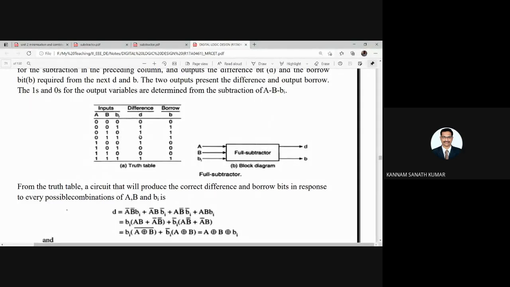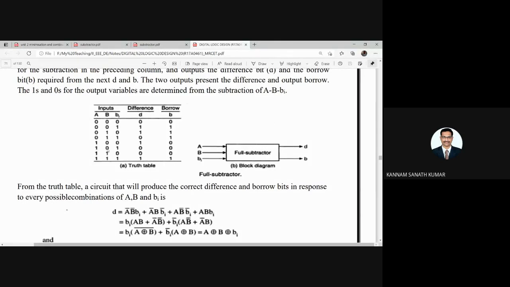The difference becomes 0. Borrow remains the same. Borrow means initially you got the borrow, no? Borrow is 1. And 1 minus 0 is 1. Again, the difference is 1 and borrow is 0. Again, 1 minus 0 is 1. So that means the difference is 1 and borrow is 0.